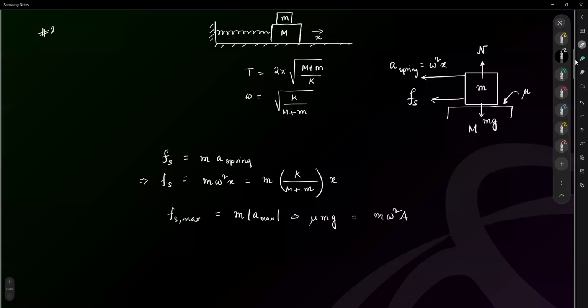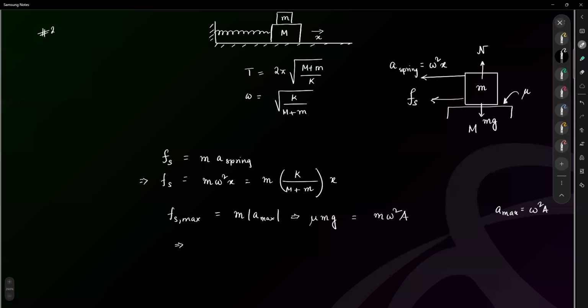We know that maximum acceleration is denoted by omega square A, right? Now, there is a plus minus situation here. We will not discuss that because we have put the modulus symbol, right?